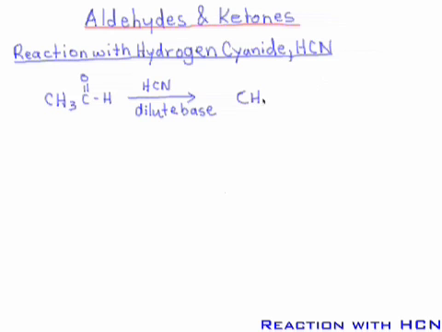A cyanohydrin is a molecule in which the C double bond O has become an OH, and a cyanide is attached on the same carbon as the OH group. This molecule is referred to as a cyanohydrin.